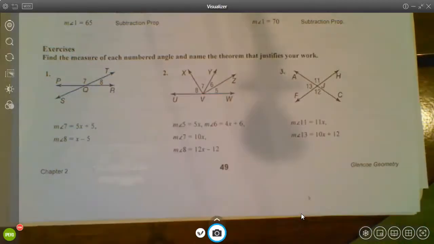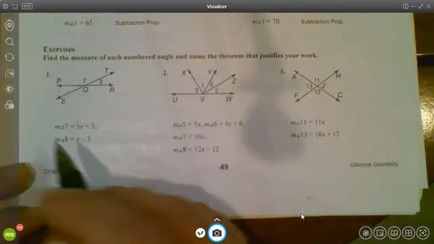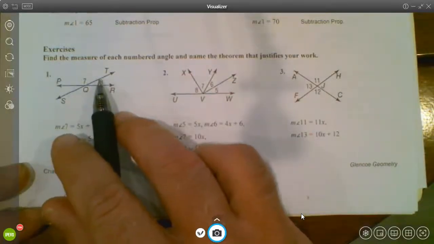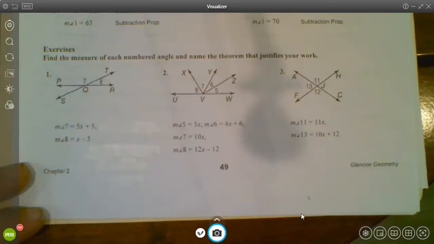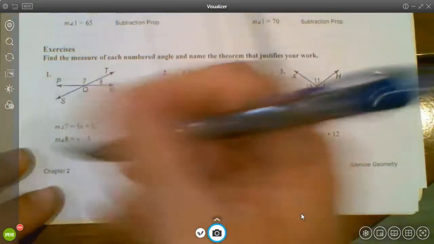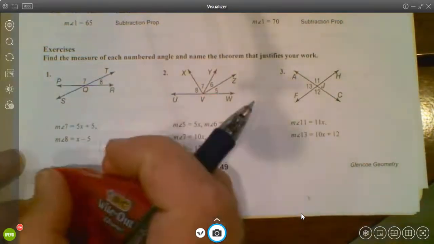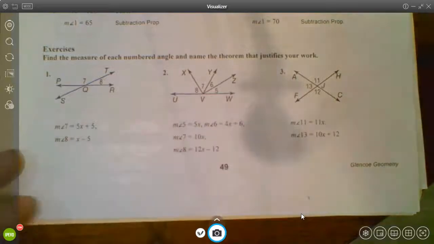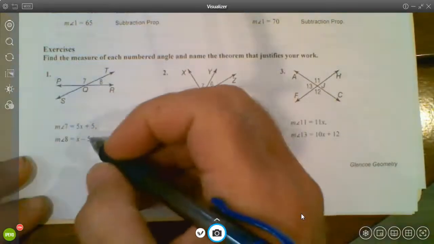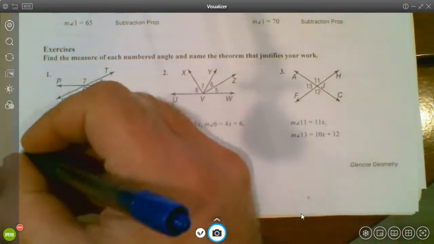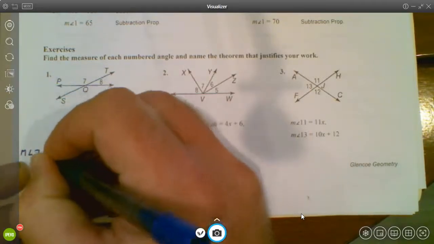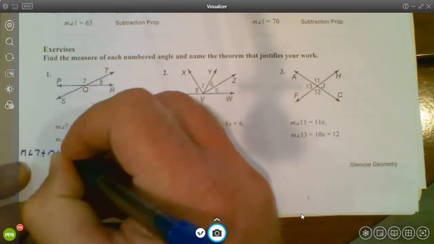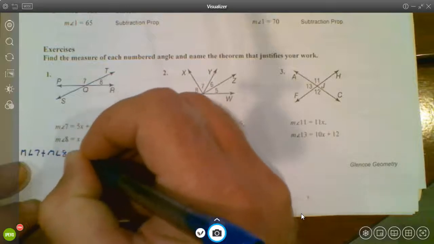So first thing first, as I look at the diagram, I can see that 7 and 8 are a linear pair. So this is like my given information that I have a linear pair. So the equation that we'd be able to write, let me get this out of the way, so I'm not going to have enough room here. So the equation that I would be able to write is that the measure of angle 7 plus the measure of angle 8 is equal to 180.